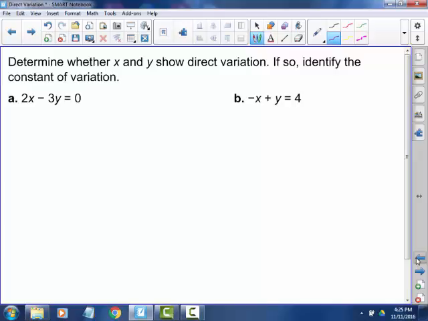All right, so two parts. Determine whether x and y show direct variation. In order for it to be direct variation, the equation should be able to be written as y equals kx, which basically means it's going to be a line through the origin.